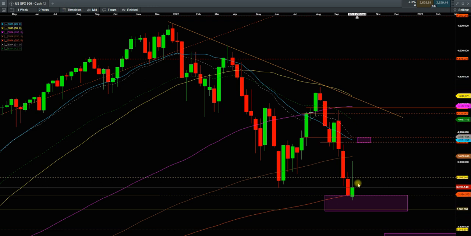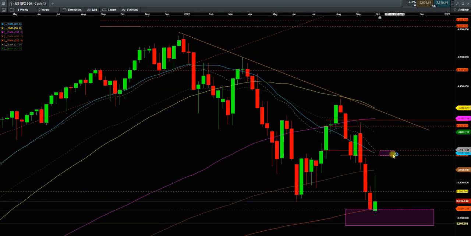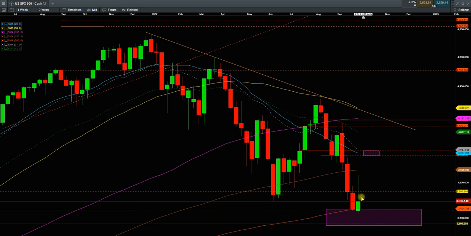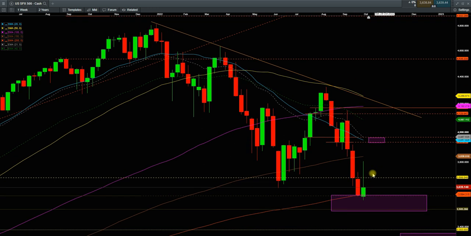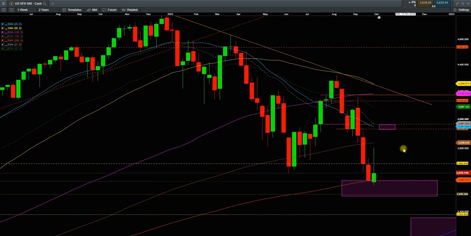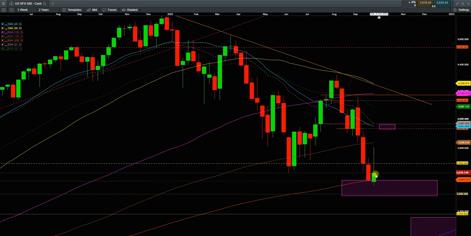So that tells me bulls are in control if they want to be. Right now they are not involved, just because they think the price is getting lower, or that bears are stronger and have the upper hand. But right now I would say this candle is not bearish.